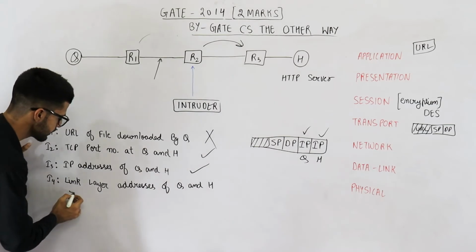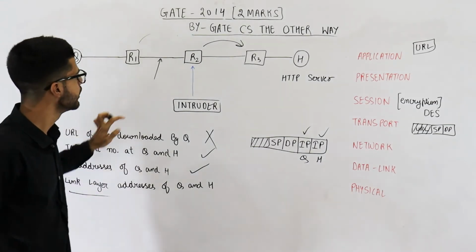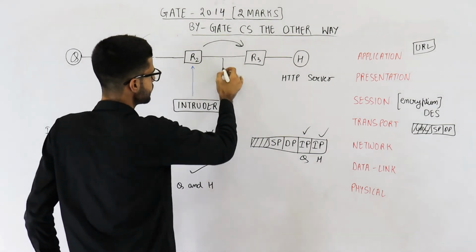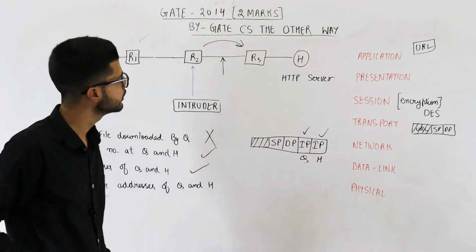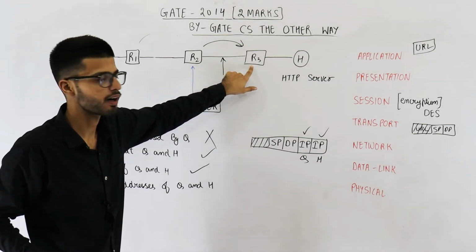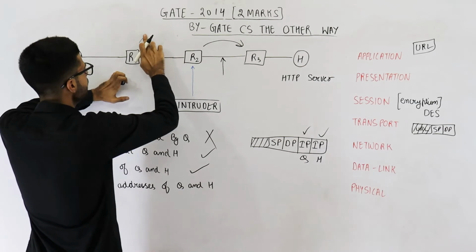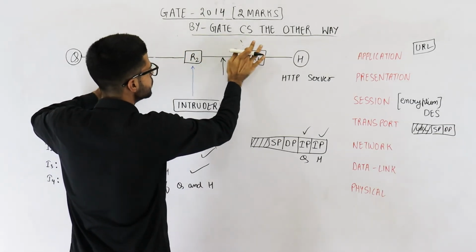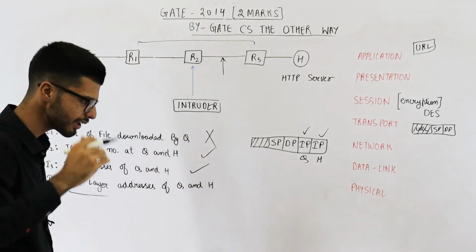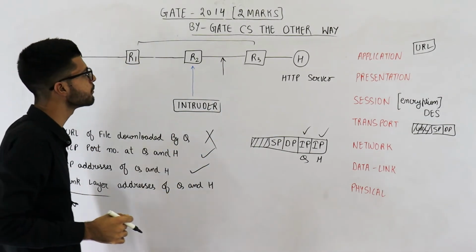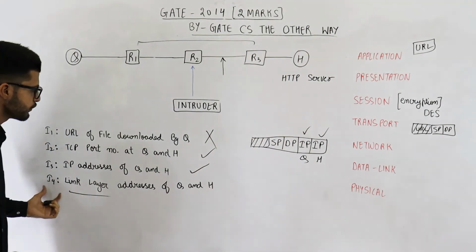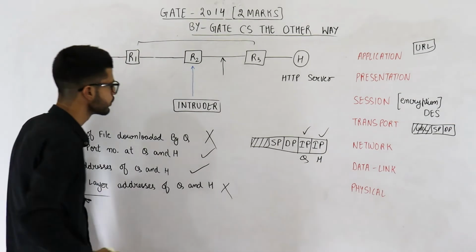If the intruder tries to listen on this channel, then source addresses will be of R2 and destination addresses will be of R3. That means it may probably get to know about these MAC addresses only, these three. There is no chance that any of the packets has this MAC address and this MAC address. That means I4 will not be visible to the intruder.